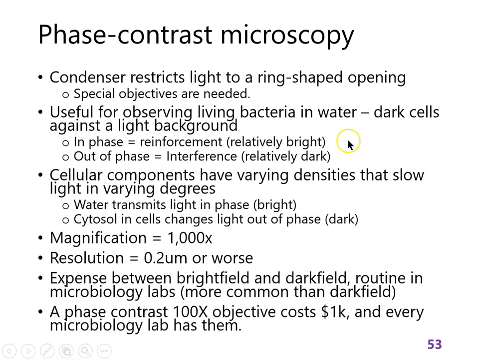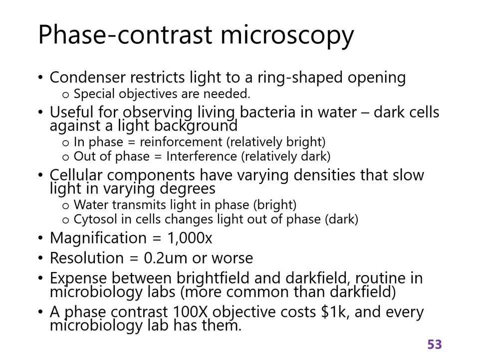Here, the condenser has a ring-shaped opening, and I don't even want to get into how it works, but you can get constructive interference or destructive interference. And what you get is dark cells with a light background.